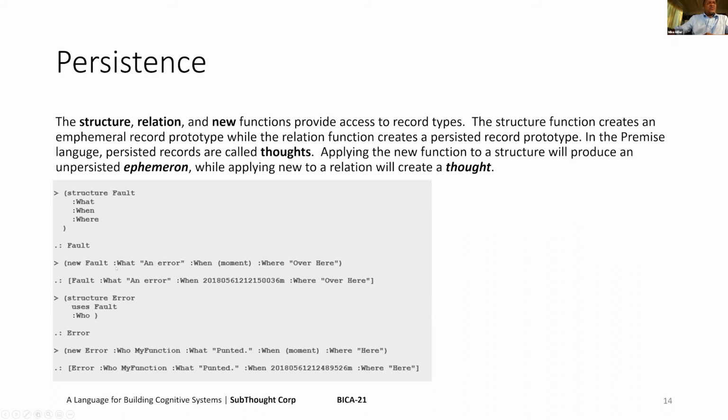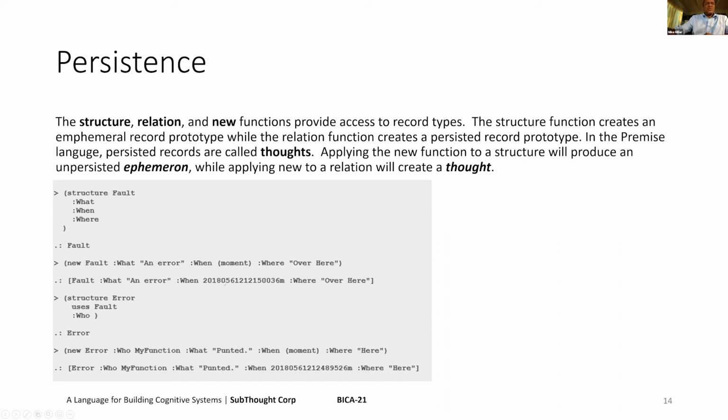We can say new fault, what is an error, when is the current moment, where over here, and then it will return back a, we call this a premise, but it's a tuple with the type of the tuple type and then the slot values.